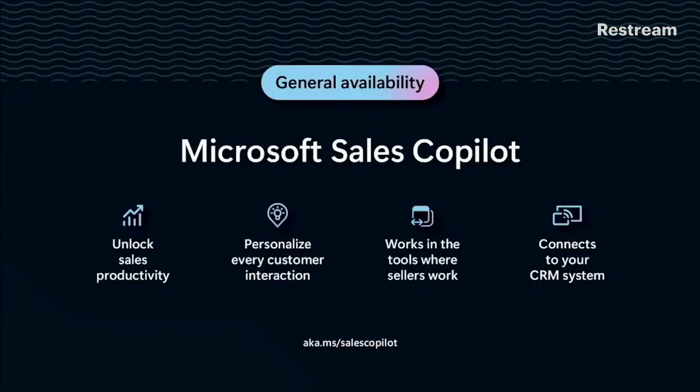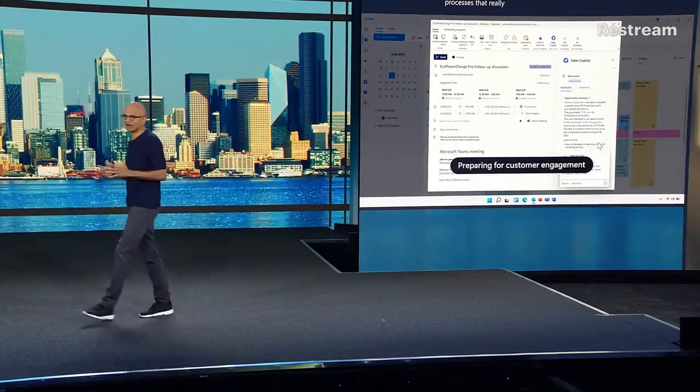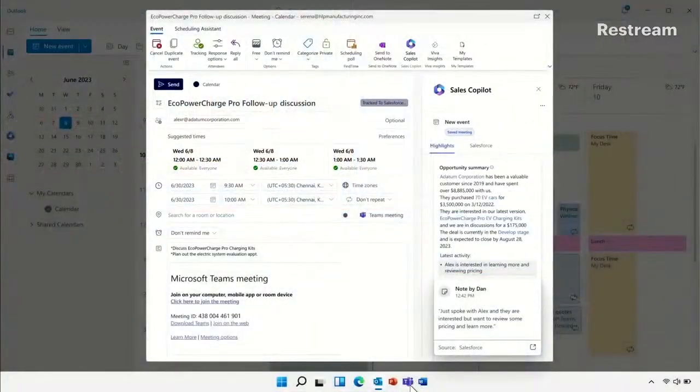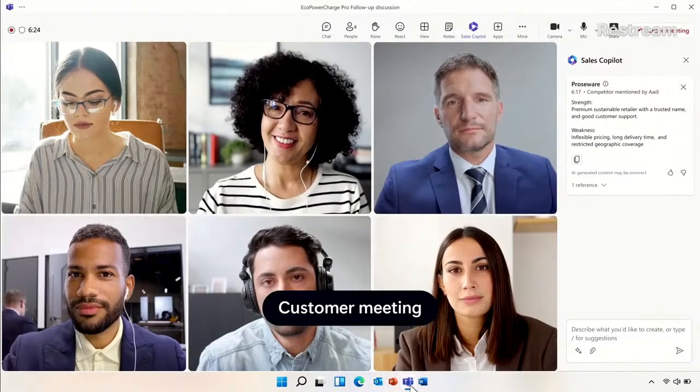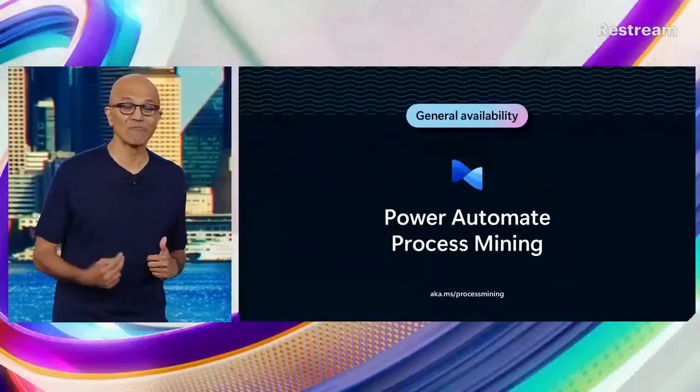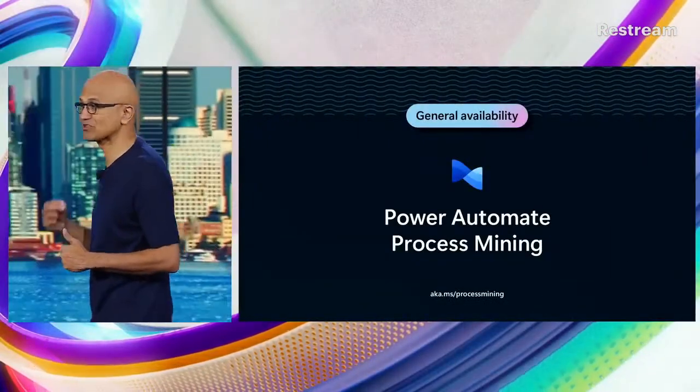The next thing that I want to announce is the Microsoft Sales Copilot. This allows any one of us who is in sales to stay in the flow of our activity with our customers. I'm very excited to announce the general availability of the process mining tools in Power Automate. It's the tip of the spear for you to be able to then drive additional value to every customer interaction.